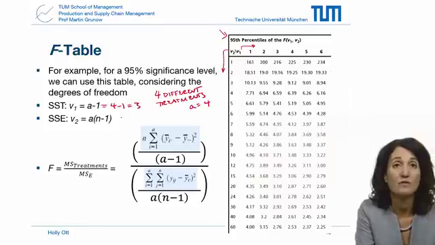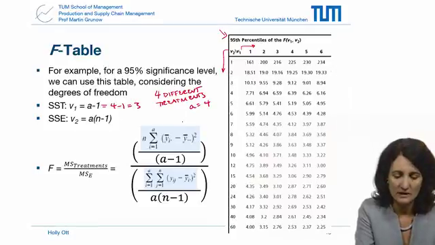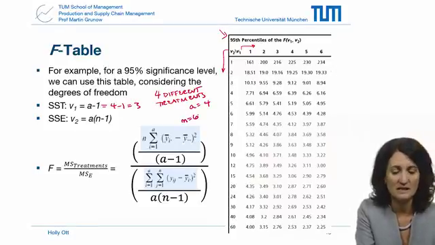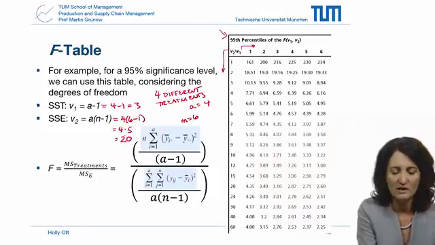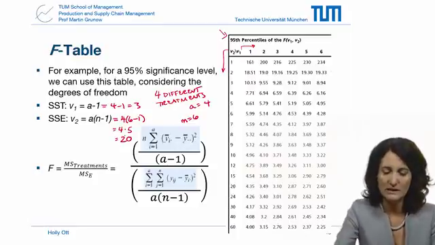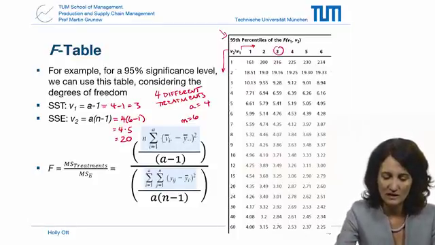And if we had, for example, 6 measurements, 6 replicates at each level, we'd get 4 times 6 minus 1, which is 4 times 5, which is equal to 20. So V1 is equal to 3, and V2 is equal to 20.